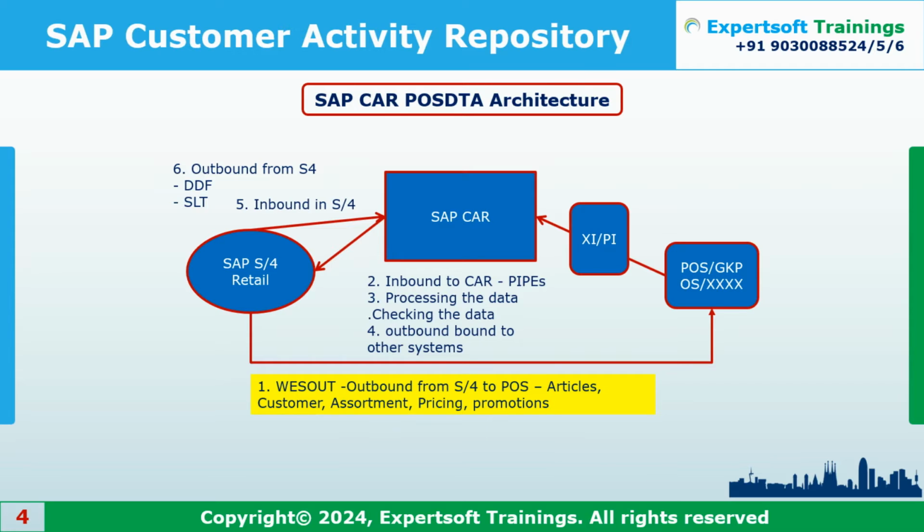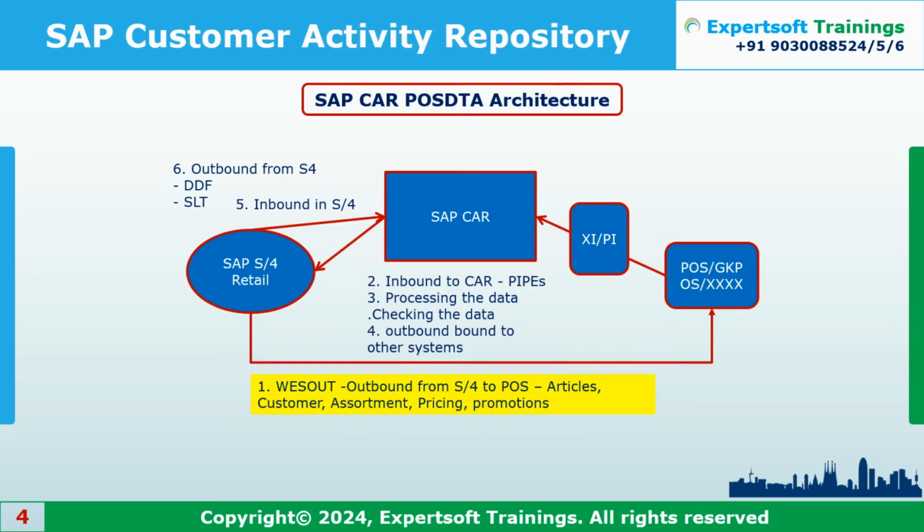There are other ways also, but most commonly used is WAOUT. It's a transaction that you use to feed the data from S4 retail to SAP CAR. If we are running promotions, we need articles, we need locations, and it is not wise to create the same data twice. It's a waste of effort for the business. So they get created in one system, and then it is fed to SAP CAR.